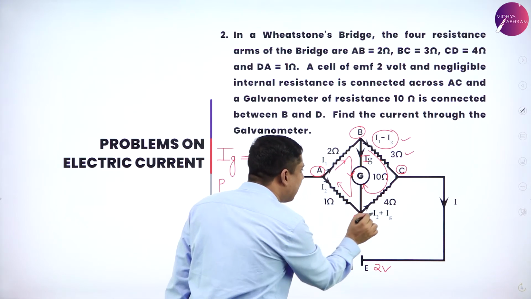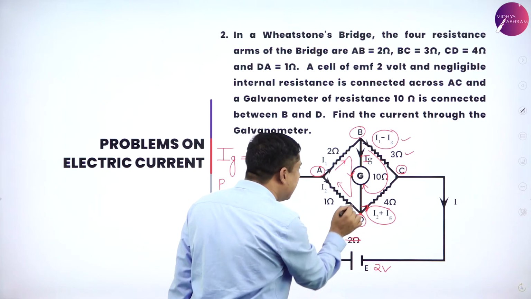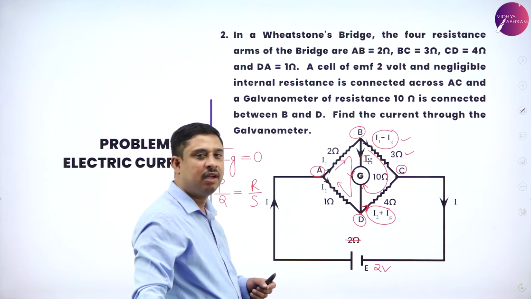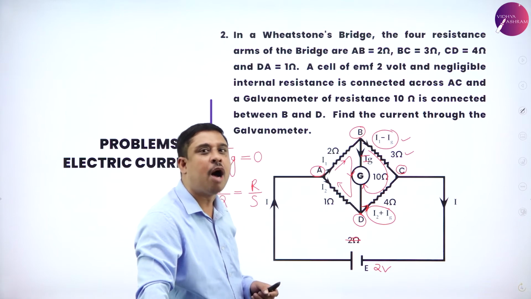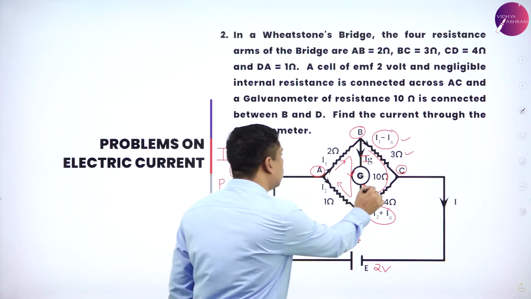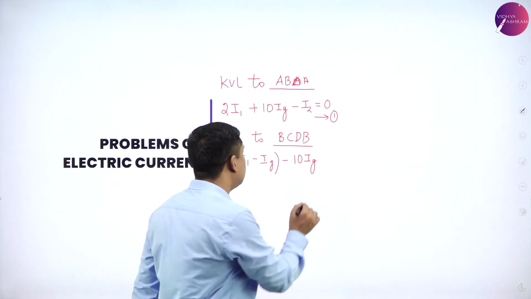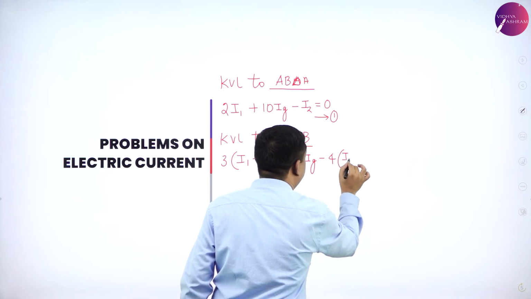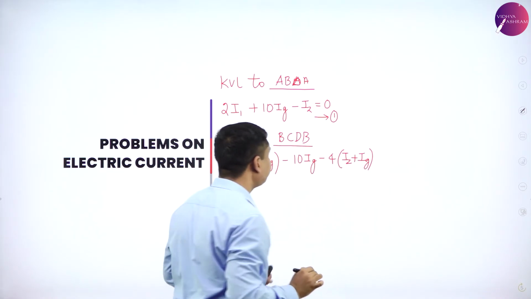Now, look here. I2 plus Ig is flowing in the opposite direction to the direction of traverse. So, the product again becomes negative. So, this is minus 4 times I2 plus Ig.